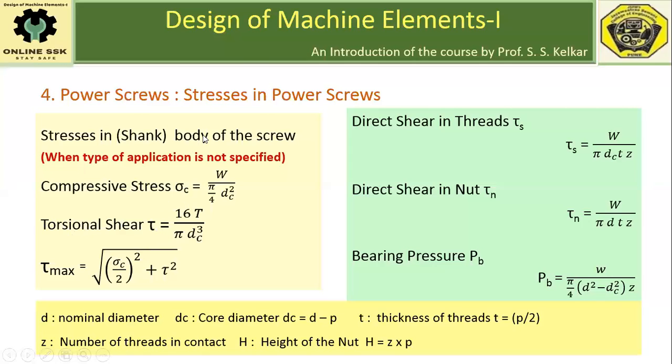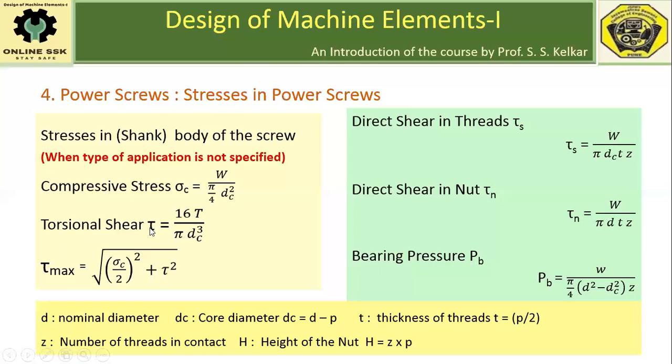Now, we can realize from these two equations that the body of the screw is subjected to two different types of stresses: compressive stress, which is of direct nature, denoted by sigma, whereas torsional shear stress is of shearing nature, denoted by tau.